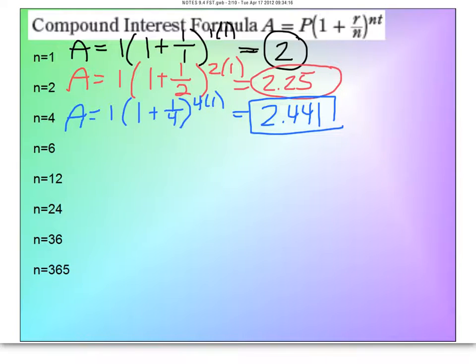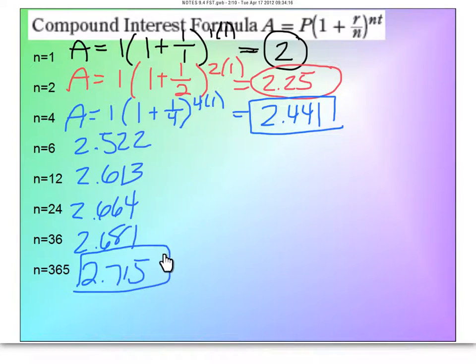Now let me show you what the other values do. All we do is change the n to either a 6, which would be every 2 months. If we change it to 12, it would be every month. 24 would be twice a month. 36 would be 3 times a month. And then obviously 365 is they're going to hit the button every day. And here's what we get.